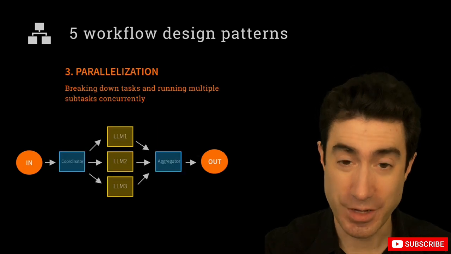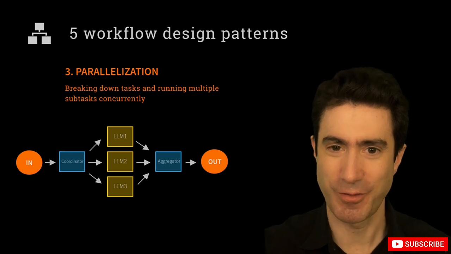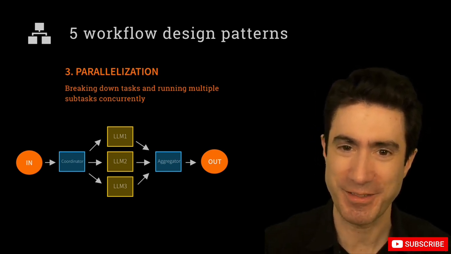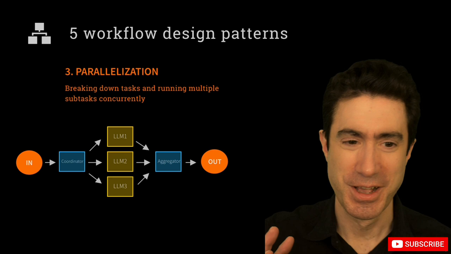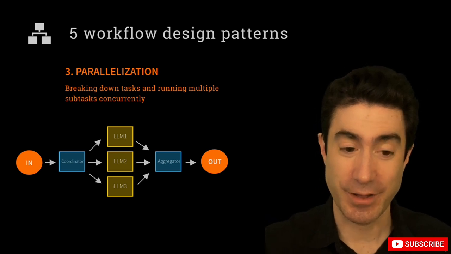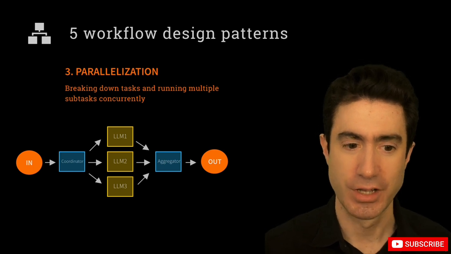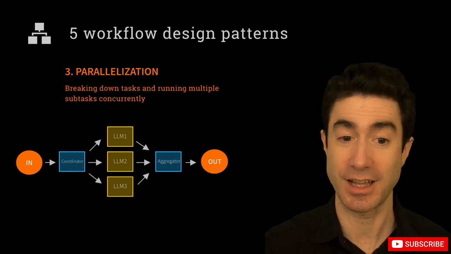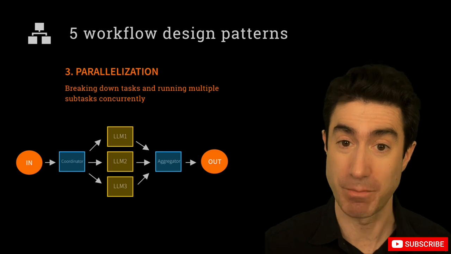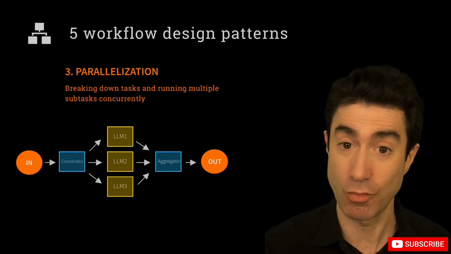And on to the third design pattern, parallelization, which at first blush might look quite similar to what we just talked about. There is a lot in common with these design patterns, but the idea here is that you have, remember the blue boxes represent code, our code, not an LLM. So we write some code that takes a task and breaks it down into multiple pieces that should all run in parallel.